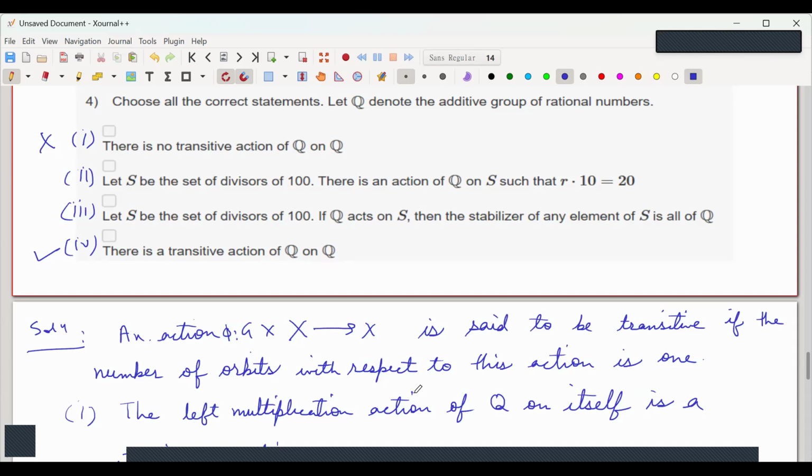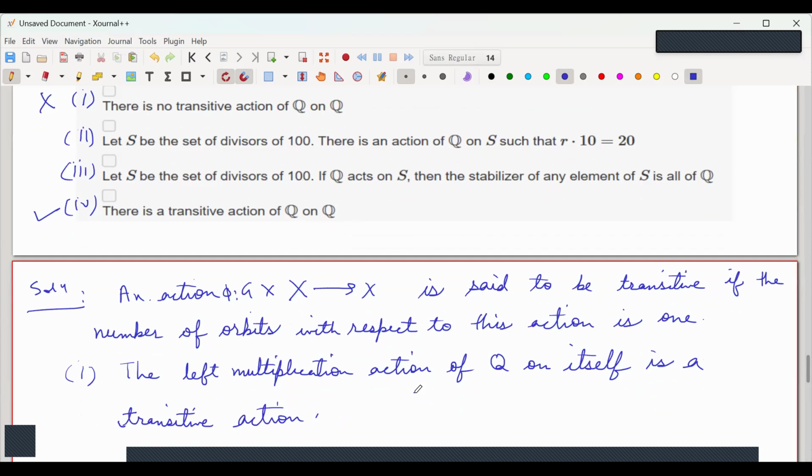The stabilizer of an element must divide the order of G. Here, of course, this is not finite, but for any S, we can still talk about Q modulo the stabilizer of S in this.